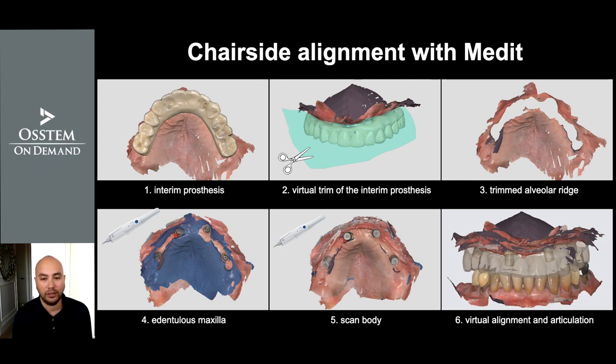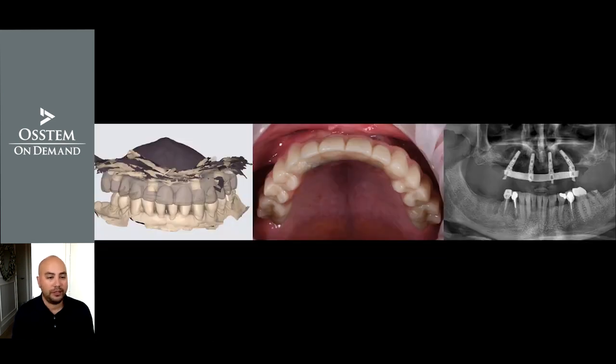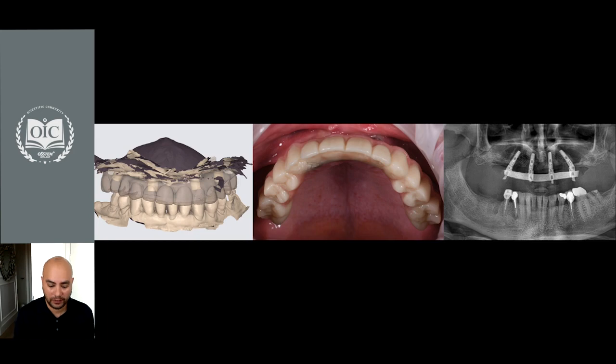Now I'm able to obtain the virtual alignment and articulation of the interim prosthesis and of the implant position. The technician is then able to design and fabricate the final definitive prosthesis, which is adequate in terms of occlusion and aesthetics, and also shows passive fit clinically and radiographically.